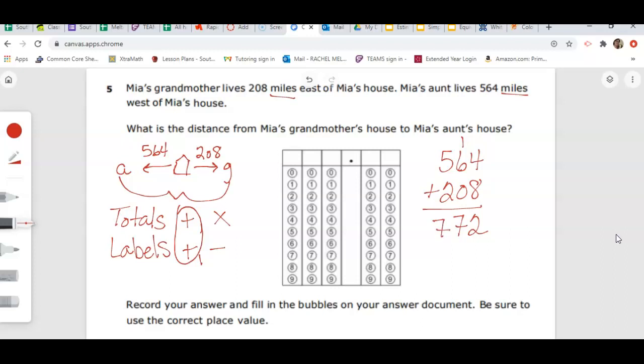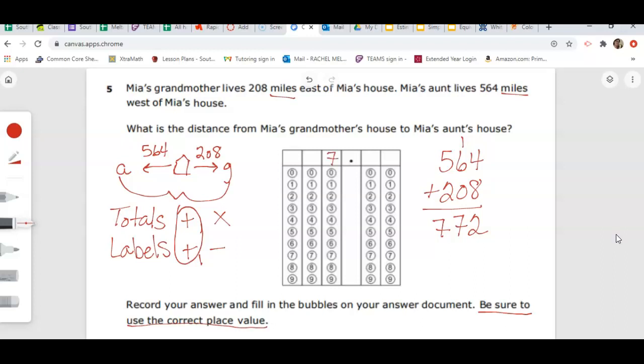Now, that was not a very tricky problem at all. What's tricky about this is that then we have our griddable. So this is super important on a griddable. Be sure to use the correct place value.